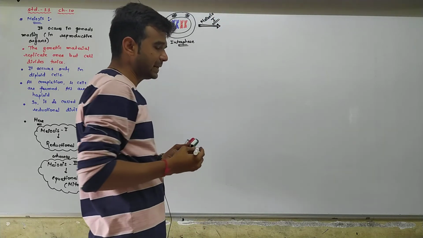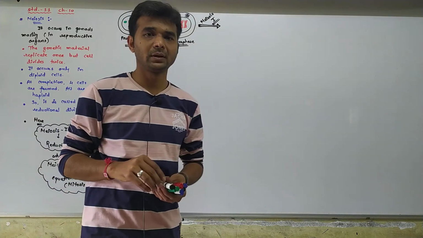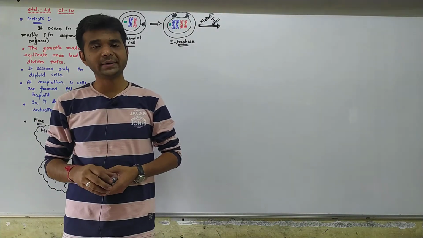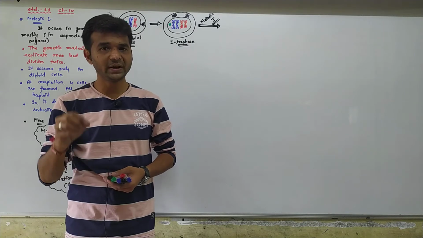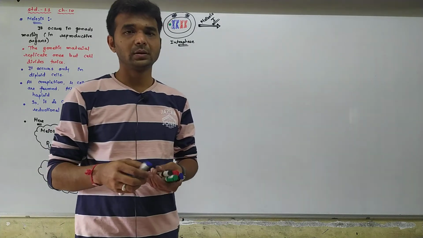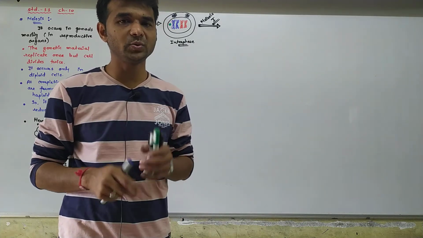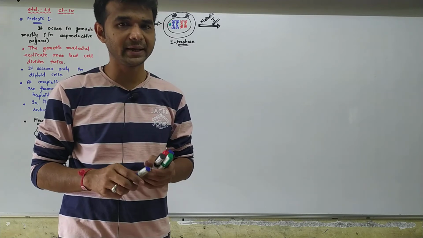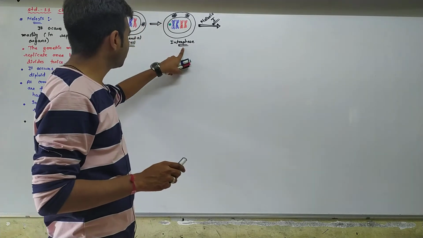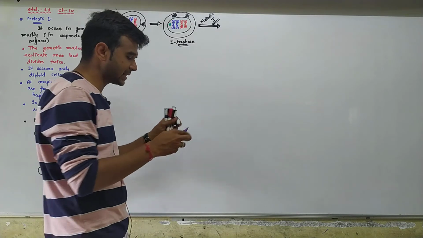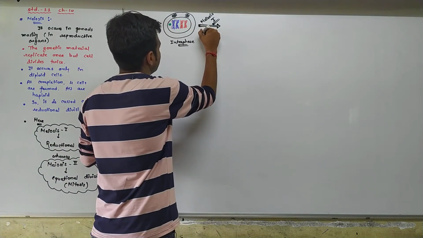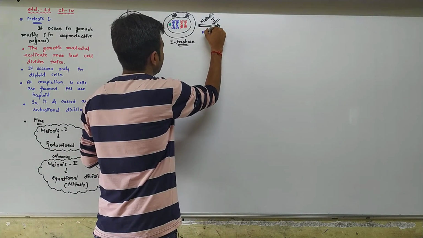So in meiosis 1, prophase 1, metaphase 1, anaphase 1 and telophase 1 are there. Now from this onwards meiosis 1 is started, as well as prophase 1.